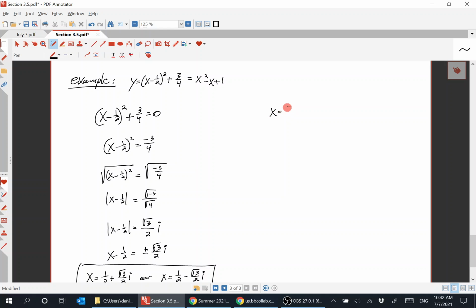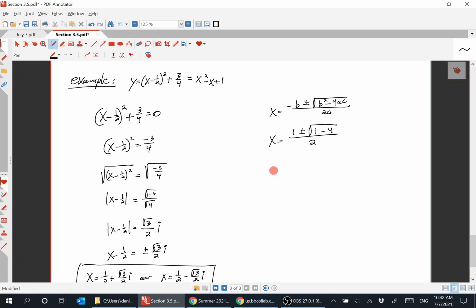So x is equal to minus b plus or minus the square root of b squared minus 4ac, over 2a. Minus b is plus 1, plus or minus b squared is 1, minus 4ac is just 4, over 2a.